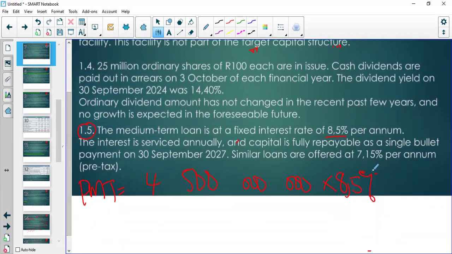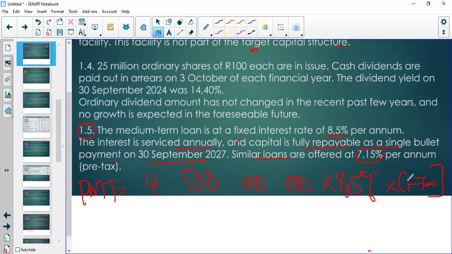Right, let me see first here. The interest is annual and capital is fully repayable as a single bullet payment on 30 September. Similar loans are offered at 7.15%. So you multiply this by 1 minus the tax rate.